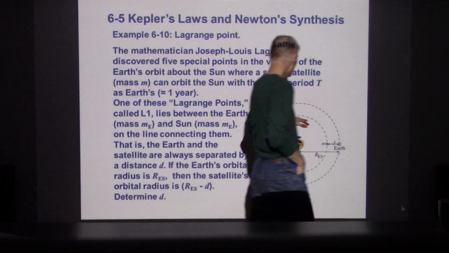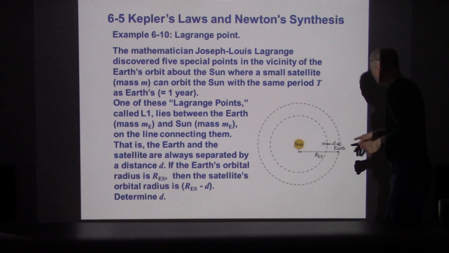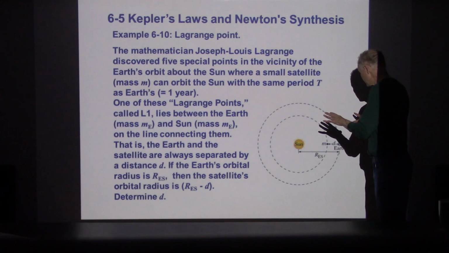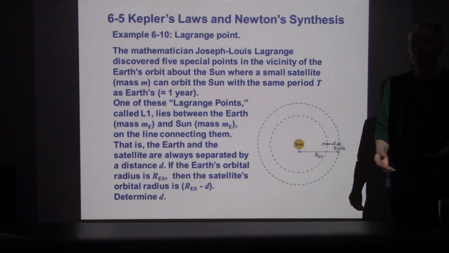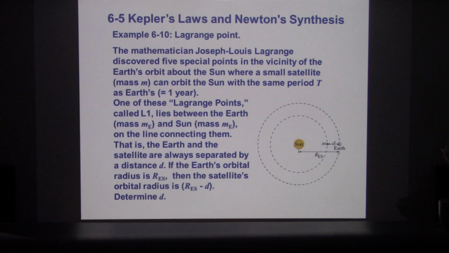There are these places in space where we can place an object. We can place a satellite, for example, and those points in space will become stable points for the satellite to orbit the Sun. So here's an example.